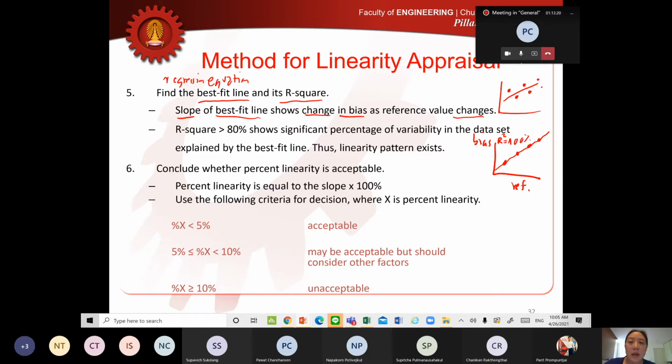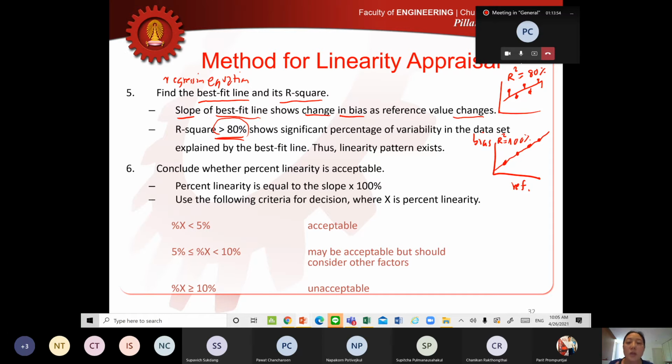But in reality, the actual numbers may be a little bit different from the numbers on the line, so you will have variation compared to the fitted line. So the R square will drop. And if the R square is still greater than 80%, we have a satisfying result.